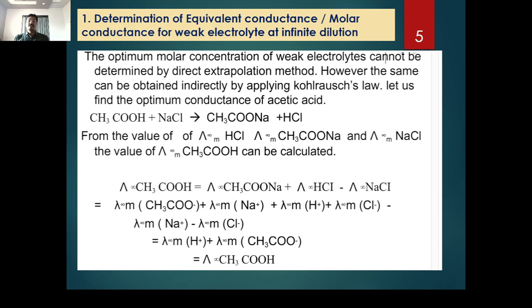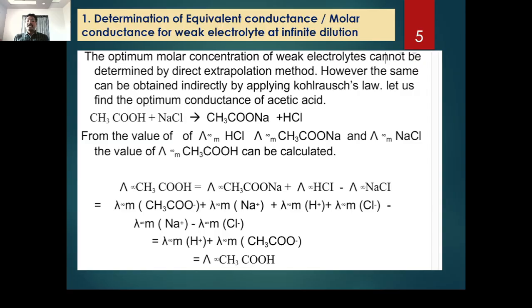This equation gives the molar conductance of the acetic acid, and it is to be written by separating the conductance of sodium acetate. It is nothing but the sum of the molar conductance of the acetate ion and the molar conductance of the sodium ion.